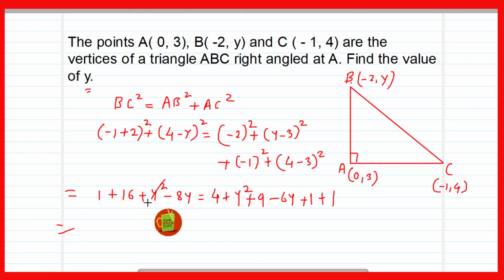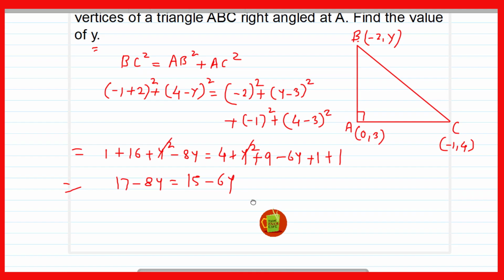So here y square will get cancelled. So this is 16 plus 1, that is 17 minus 8y, that is equal to, here it is 9 and 1 10 and 1 11 and 4, that will be 15 minus 6y.